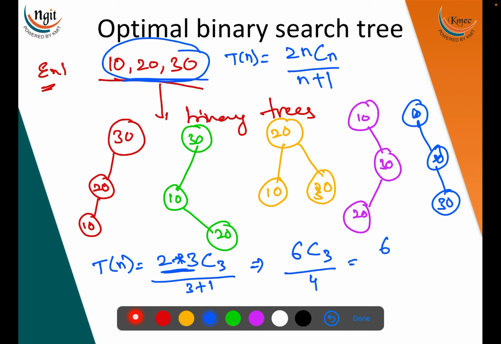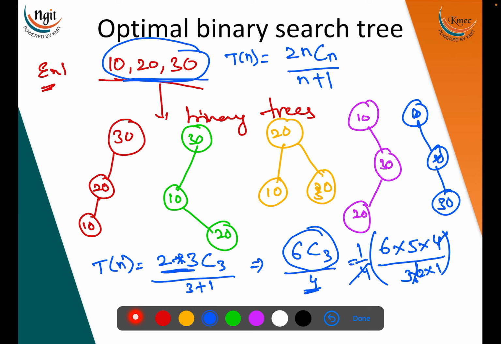Now 6 into 5 into 4 by 3 factorial, times 1 by 4. Now 3 factorial is 3 into 2 into 1. 3 into 2 is 6. 6 will get cancelled and the total is 5.